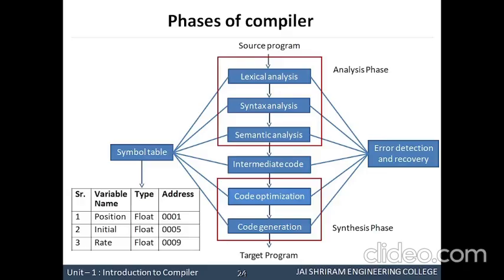Next slide, the phases of a compiler. This is a complete diagram of the phases of a compiler from lexical analysis to code generation. Our source program passes through the different phases of the compiler to finally become the target program.